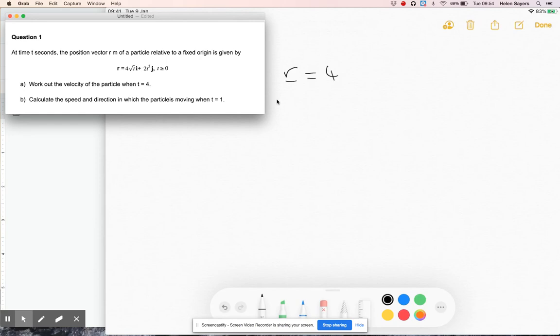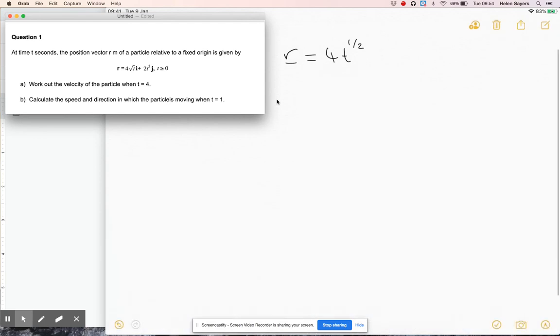Now, I know I'm going to need to use calculus here, so I am going to just immediately write root t as t to the power of a half, and plus 2t cubed j, and I'm told that t is greater than or equal to 0. Okay, so what you need to know to be able to answer this question is that velocity is the first differential of displacement or position.